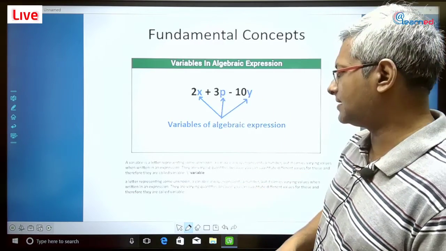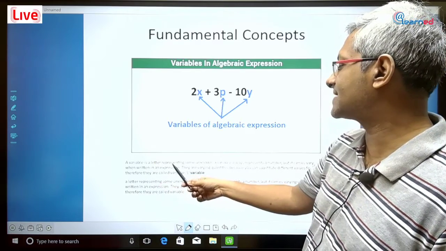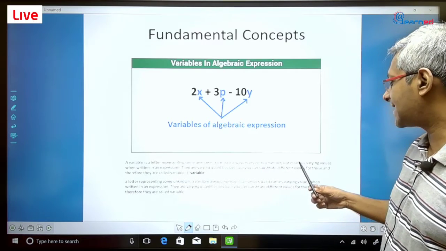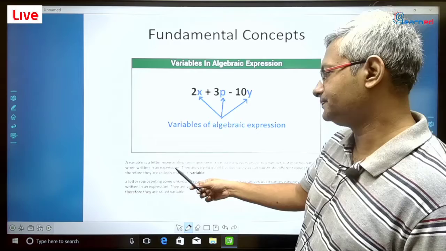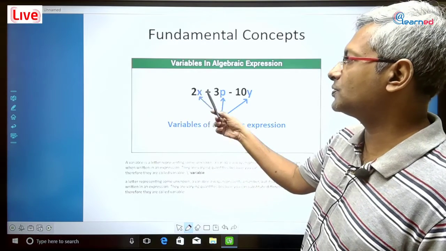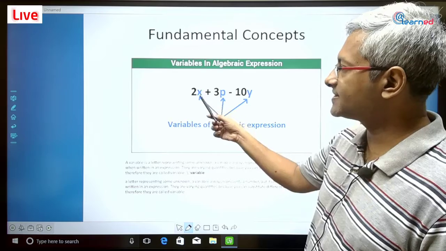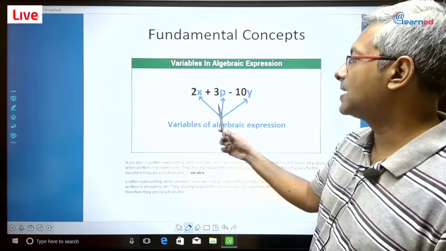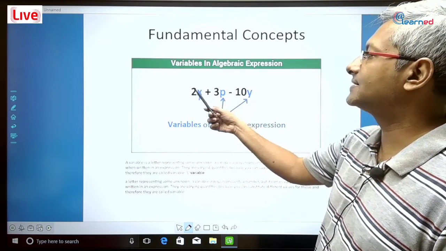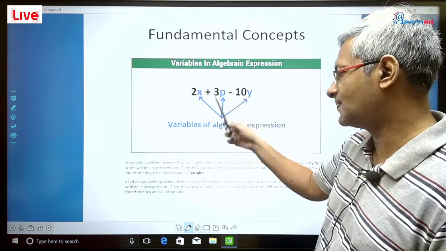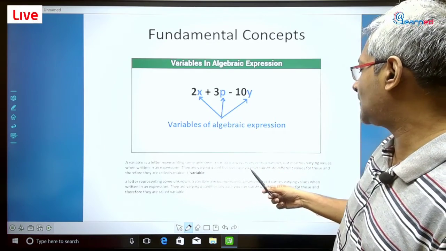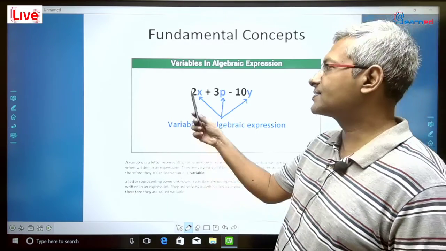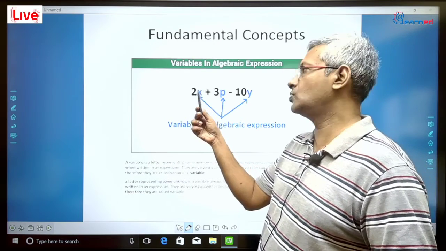So let's see what is a variable. A variable is a letter representing some unknown. A variable always represents a number, but it carries varying values when written in an expression. So this variable is not a fixed value yet; there are varying quantities, different values for these, and therefore I can have 1 over here or 2 over here or maybe 100 over here.